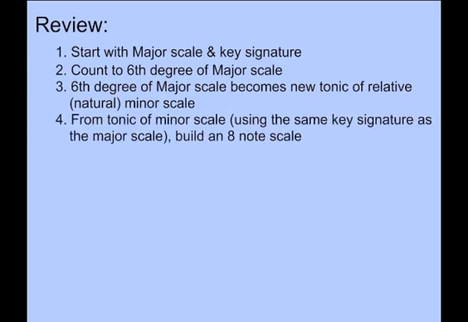From the tonic of the relative minor, using the same key signature as that major scale, we write an 8-note scale, so a note using each pitch class that utilizes the same key signature as the major scale. The scale you just built is that major scale's relative, or natural, minor scale.